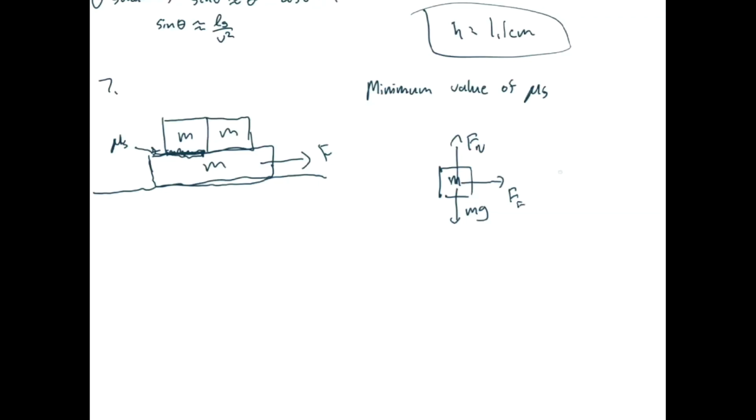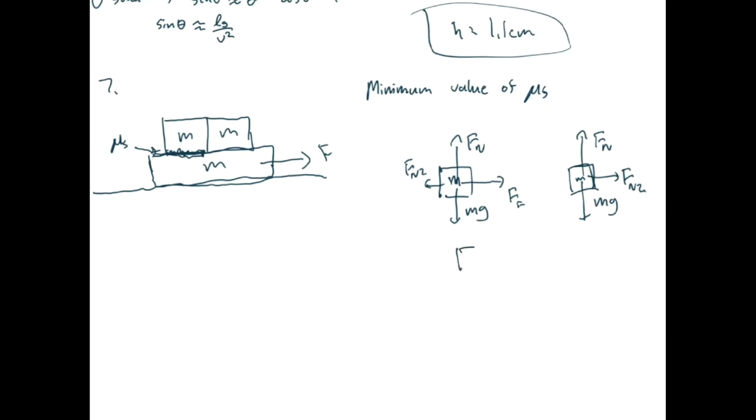But there's also a normal force, let's call it N2, I guess, from the rightmost block, which also has to be pushed by normal force. So if we consider the rightmost block, there's gravity and normal force from the bottom block, but there's also a normal force from the leftmost block, and that's the only thing that can push it forwards. So there has to be a normal force in order for the blocks to not slide with respect to one another.